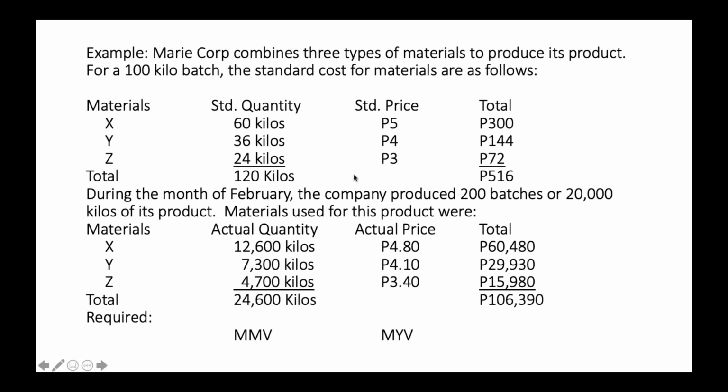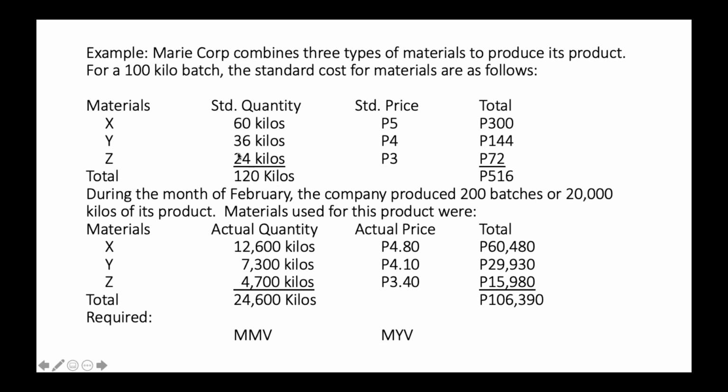Okay, so as you can see, in order to produce a batch of our product, which is equivalent to 100 kilo, we have to consume 60 kilos of X, or in the total combination, that is 50%, 60 over 120. For material Y, we have to consume 36 out of 120 kilos, and that is 30%.